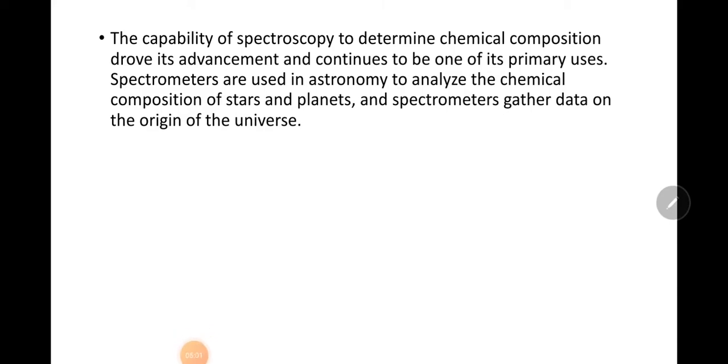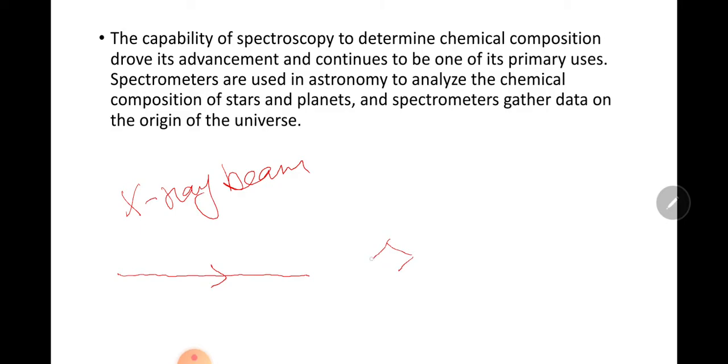Now, consider a beam of X-rays. Here a crystal is placed in its path.